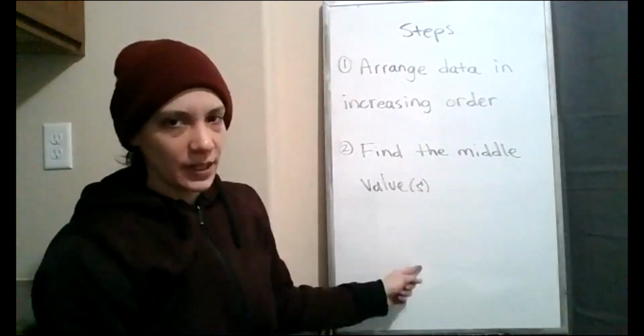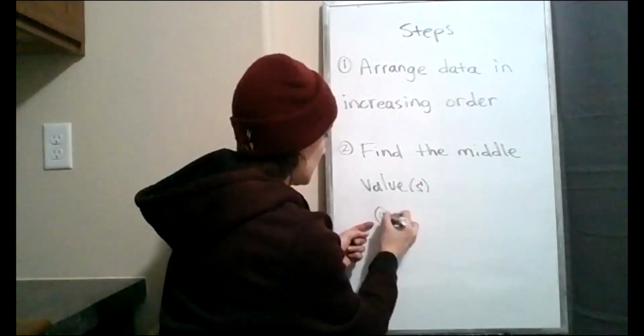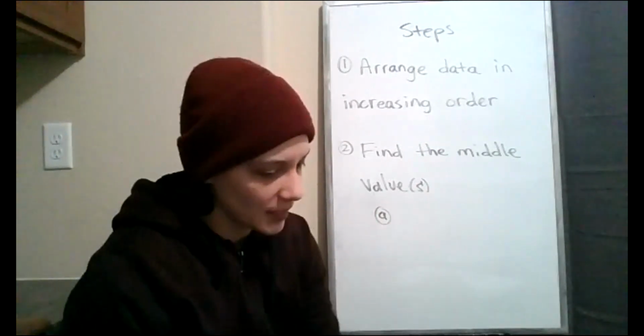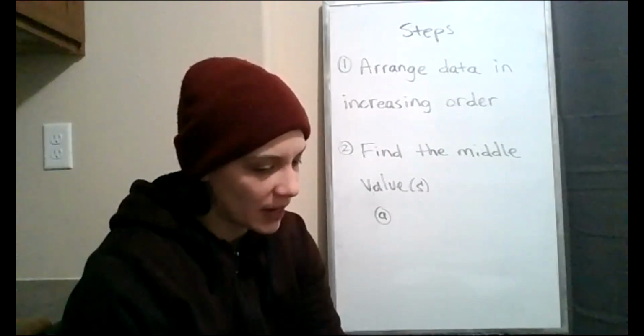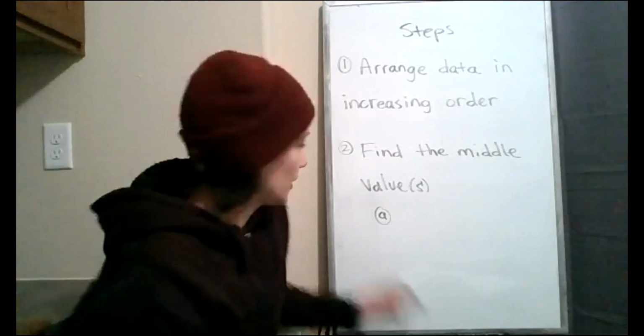And two things can happen here. So we'll call this A. If the number of values is odd, the median is exactly in the middle.